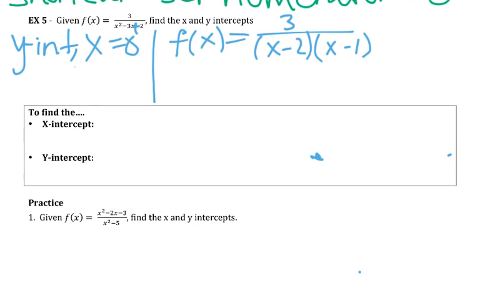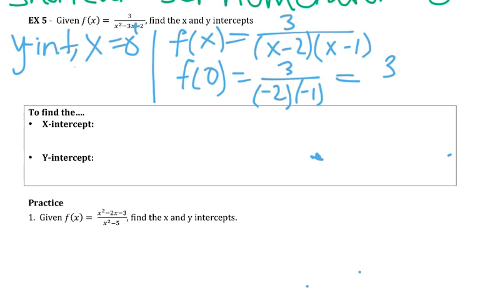If I substitute 0 in there, just like before, I get 3 over negative 2 times negative 1. This is 3 over 2. So my y-intercept is at 0, comma 3 over 2.